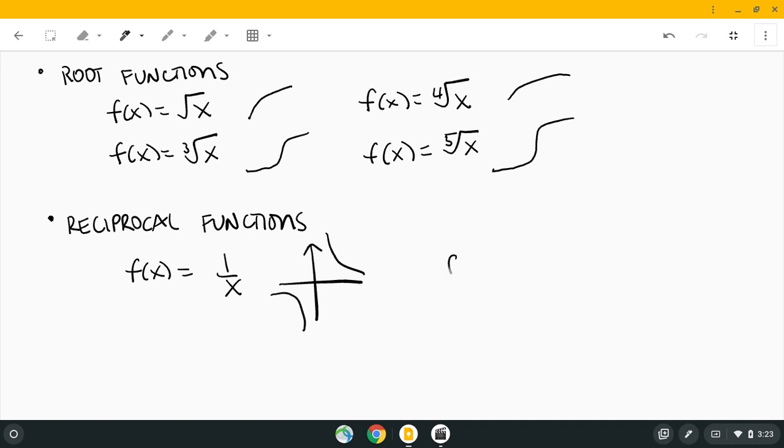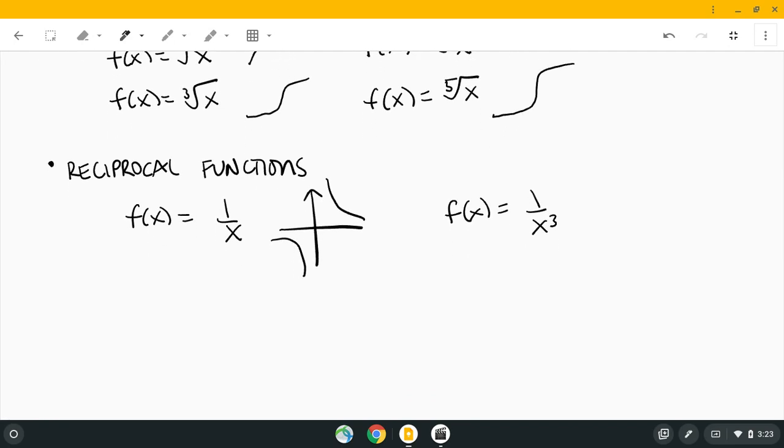And then we'll take a look at 1 over x cubed. And then here we'll take a look at 1 over x squared. Even powers, odd powers, right? Okay, so 1 over x looks like this. The branches are opposite, like that.